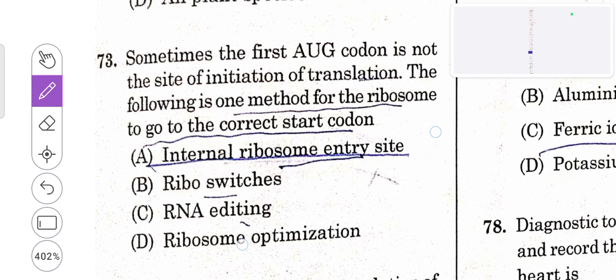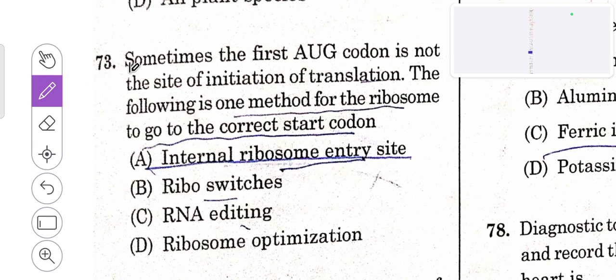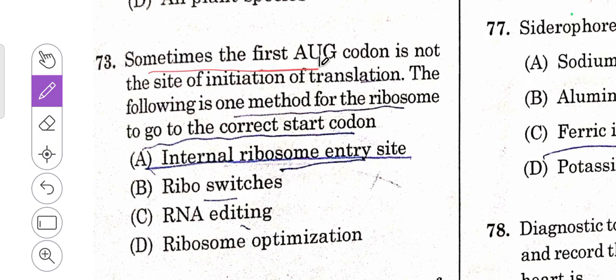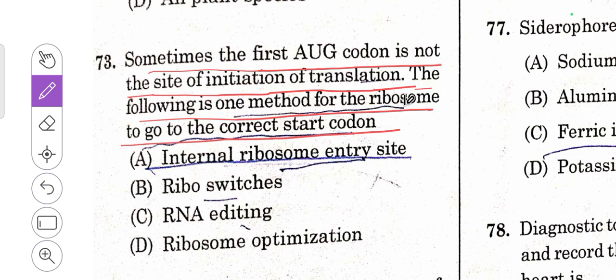Then 73rd question. Sometimes the first AUG codon is not the site of initiation of translation. The following is one method for the ribosome to go to the correct start codon. This is possible through the internal ribosome entry site.